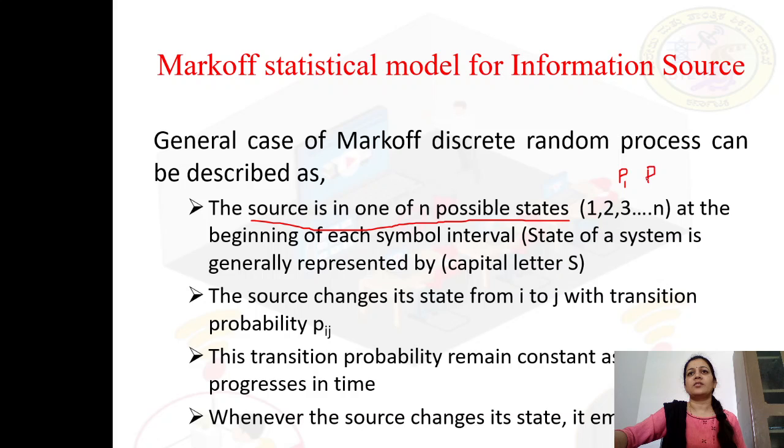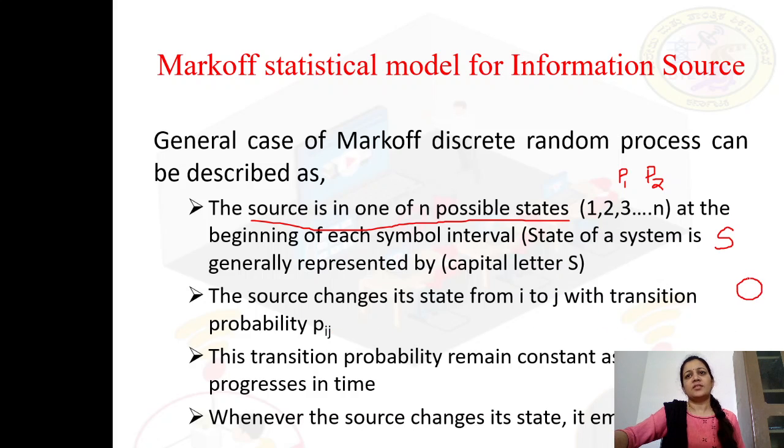The probability that the source is in state 2 is represented as P2, and so on. Generally the state of the source is represented with the capital letter S. So S represents the state of the source or a system, and the source changes its state from i to j with a transition probability of Pij.